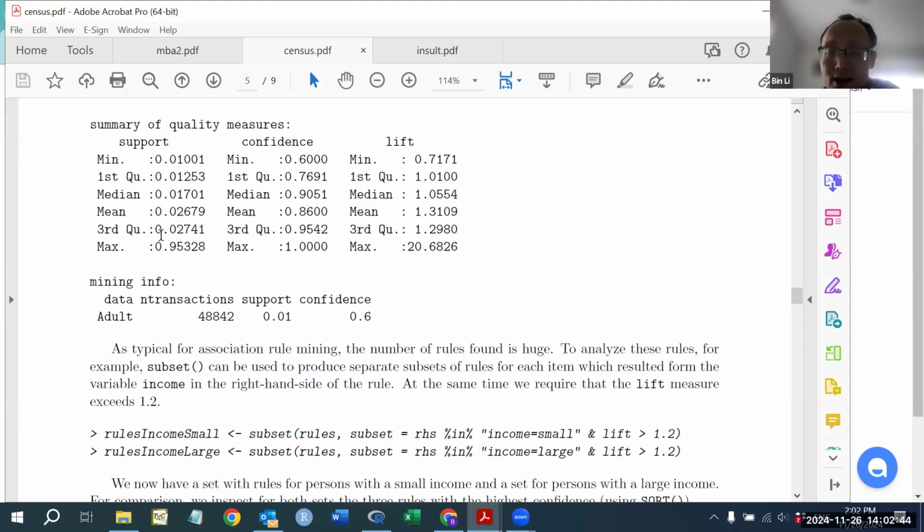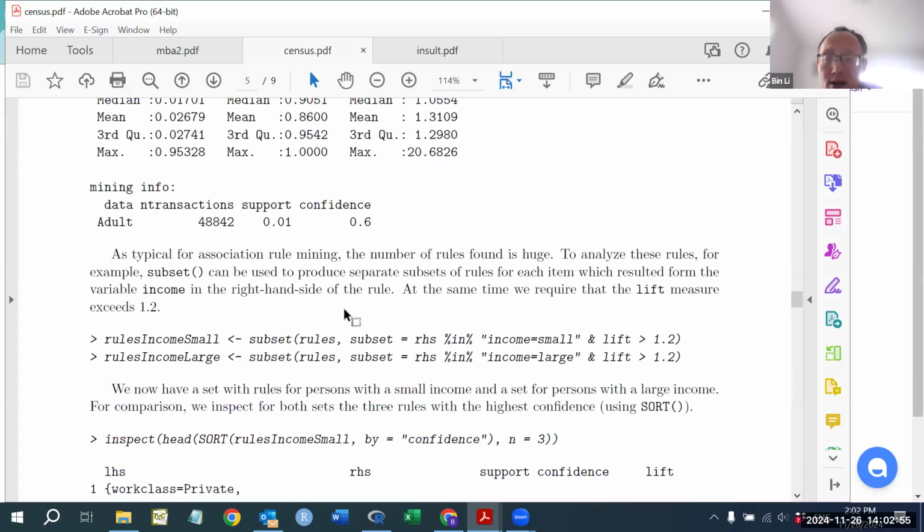Here we are focusing on identifying the subpopulation that tends to have high income and low income. That's why we focused on the right-hand side to be income is small or income is large. We can also set some threshold on the left.